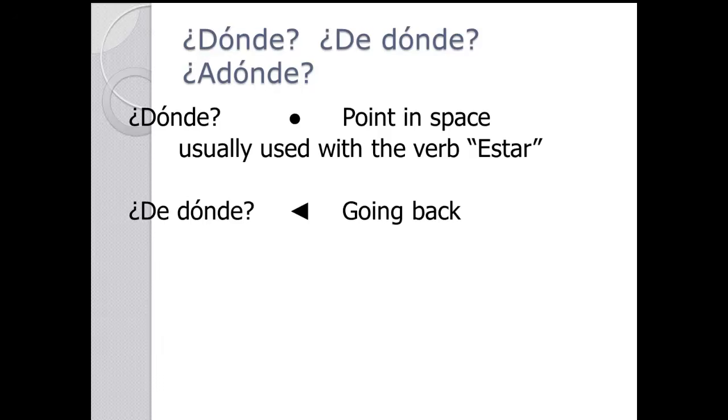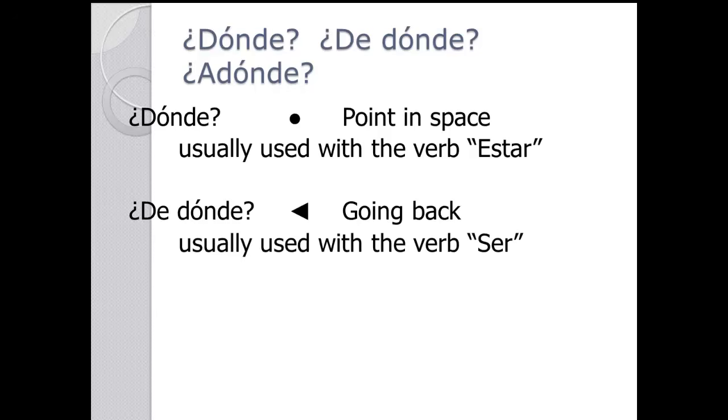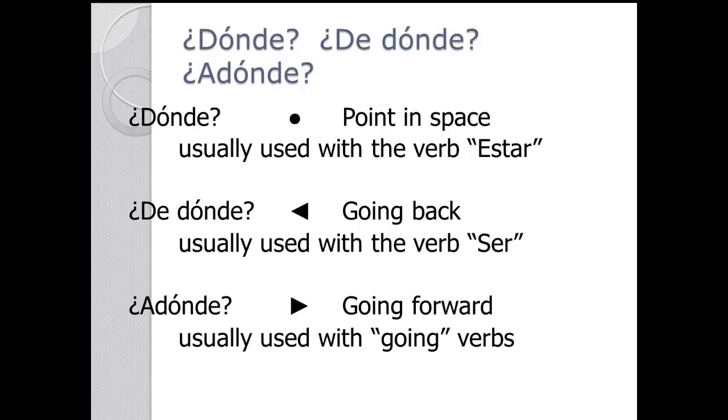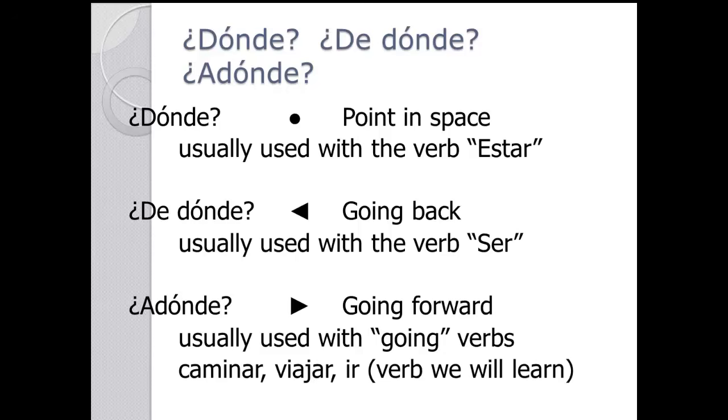De dónde is an arrow going backwards because it is where something or someone is from, and it is usually used with the verb ser. A dónde is an arrow going forward because it is to where someone is going. It's usually used with going verbs like caminar, viajar, or ir. This is a verb we'll learn soon.